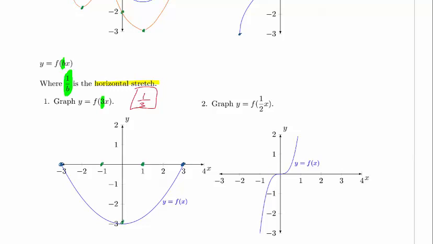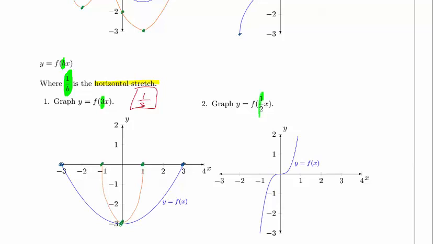And of course, right here, 1/3 of 0 is just 0 itself. And so there we are. We bring it in just like that. All right, that is the horizontal stretch for that one.